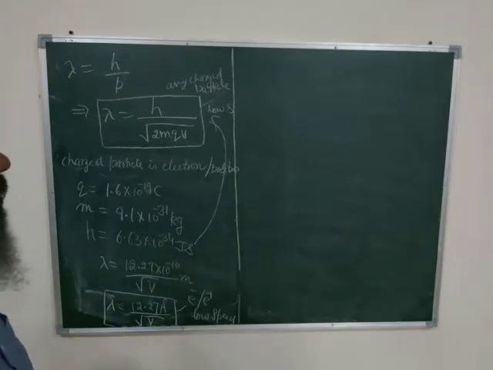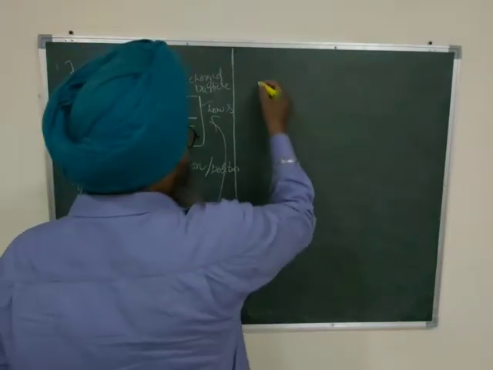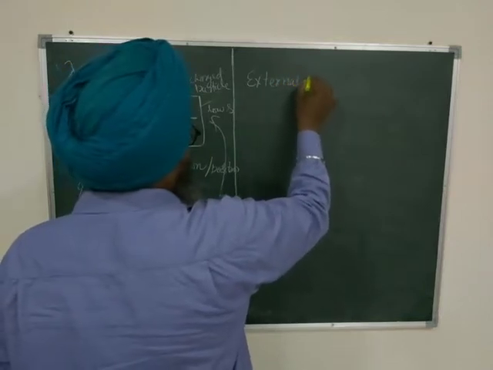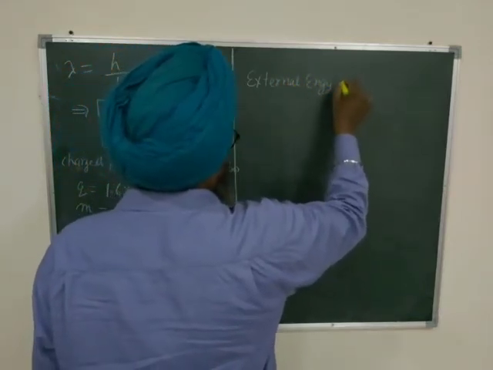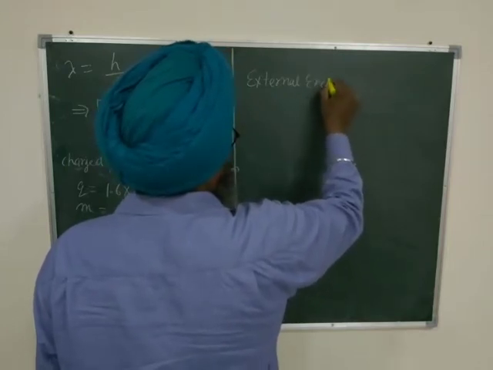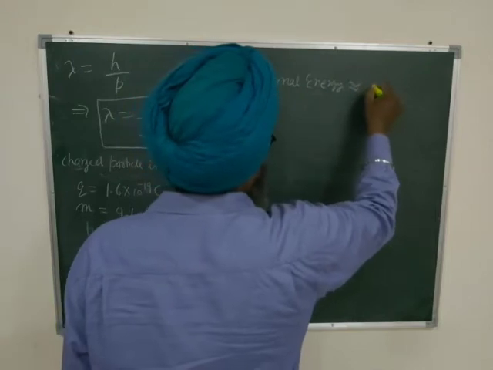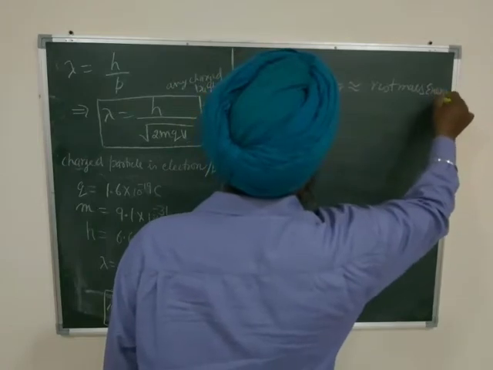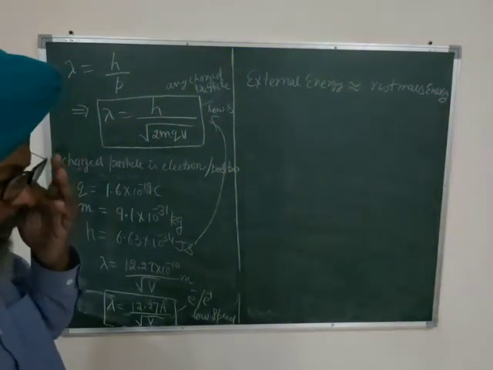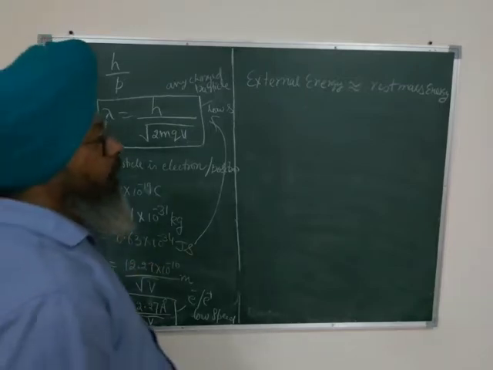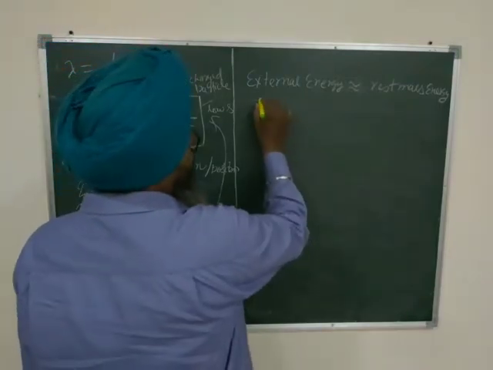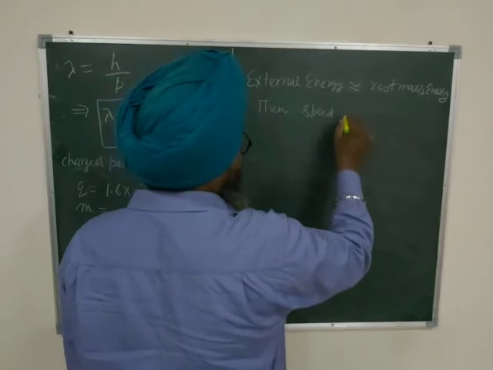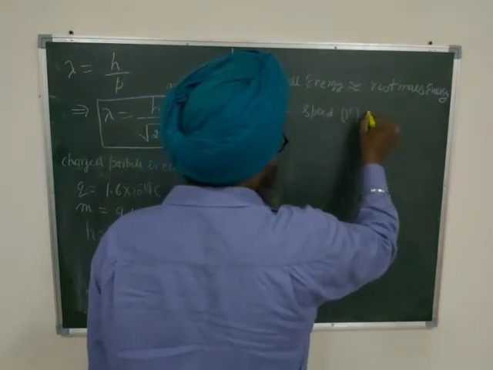For that we have a general thumb rule that if external energy given to an object is comparable with the rest mass energy of the object, then the speed that object gains, that is v, is comparable with c.